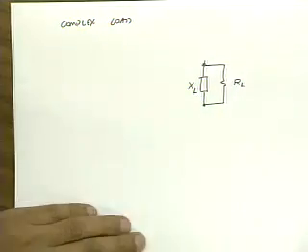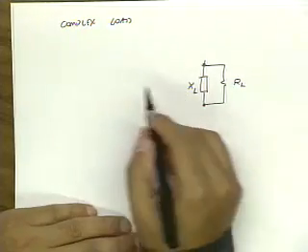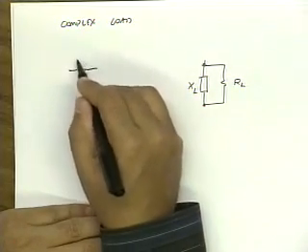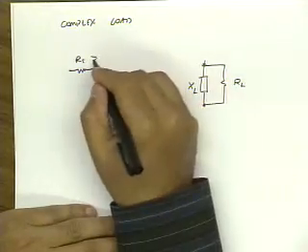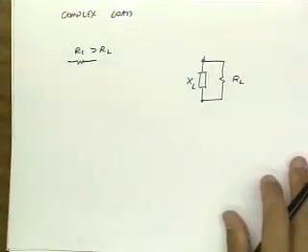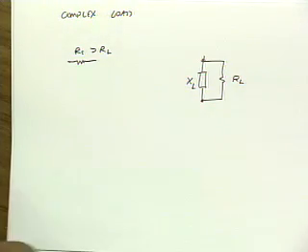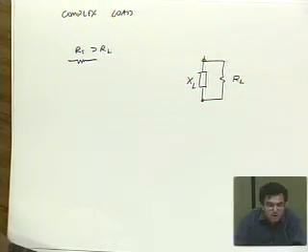And let's say that I want to transform this into RS. And let's just say that RS is larger than RL. Okay? Can anyone think of an easy way of using our L matching network to achieve this?